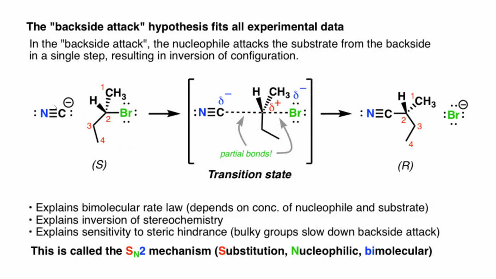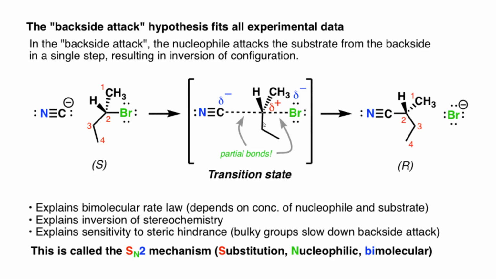This right here is an example of a cyanide ion. Notice that it has these electrons on the outside. It's really going to want to bond to some sort of nucleus. When it approaches our organic molecule, especially one that has a halogen on it, it's going to approach from the back side, the side opposite of the halogen.